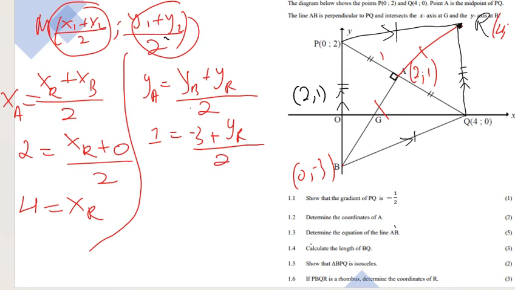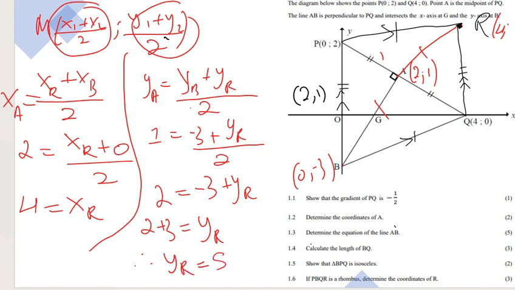Cross multiply, then you get 2 equal to negative 3 plus yr. Take the 3 to the other side, you get 2 plus 3 equal to yr. Therefore, yr is equal to 5. Therefore, the coordinates of R are (4, 5).